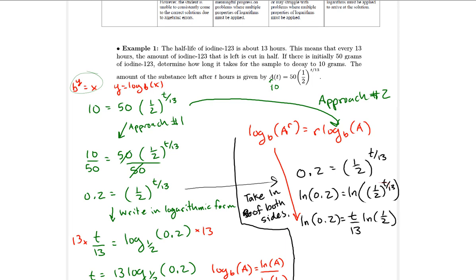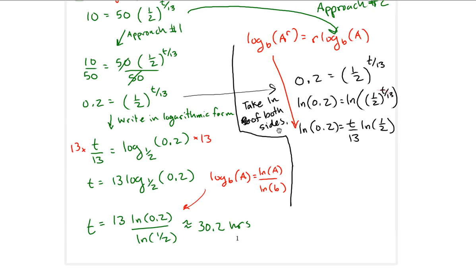All right. And at this point, it's just a matter of getting t all by itself. So if I wanted to get t by itself, I would multiply on both sides by 13 on top, natural log of 1/2 on bottom.